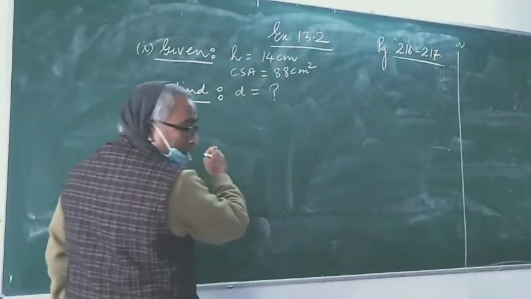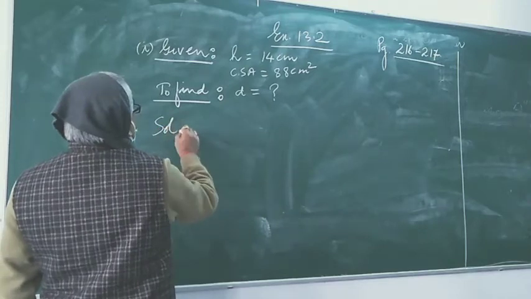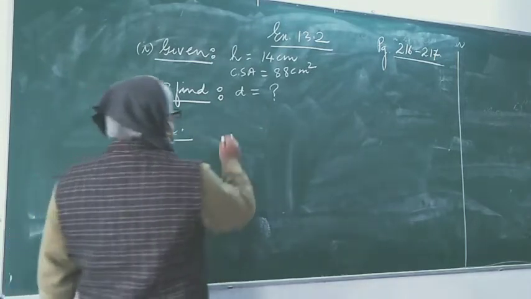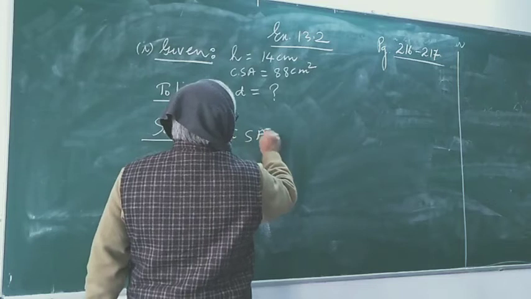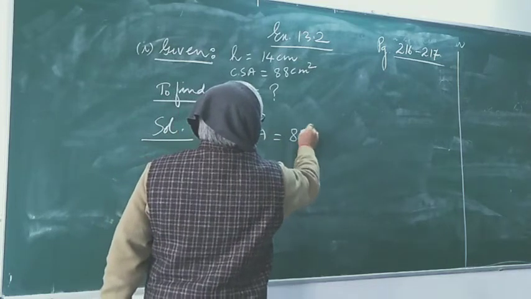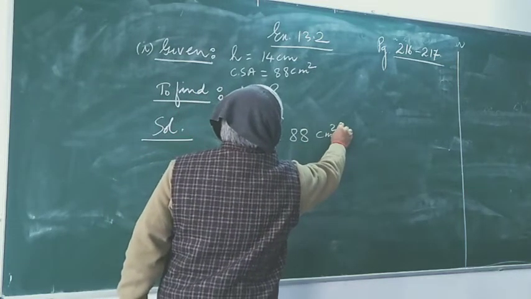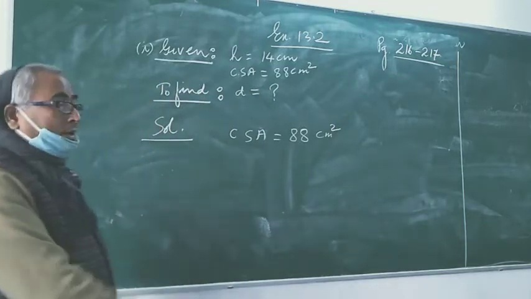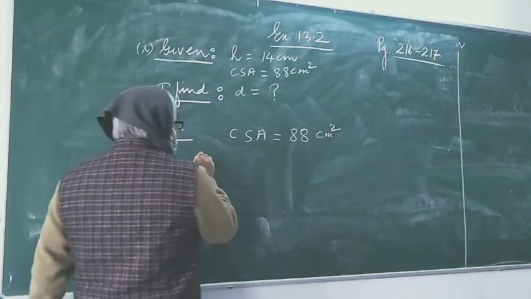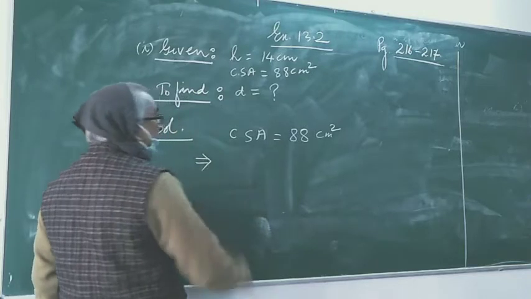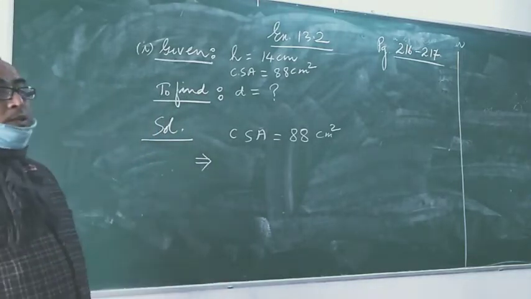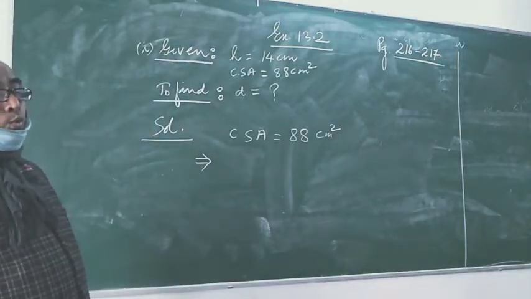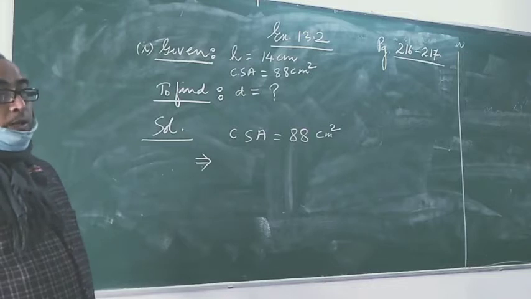It is already given. It is part of the solution. Curved surface area is given: 88 square centimeter. Am I correct? Now what to do? We know the formula to find the curved surface area. CSA is 2 pi r h.